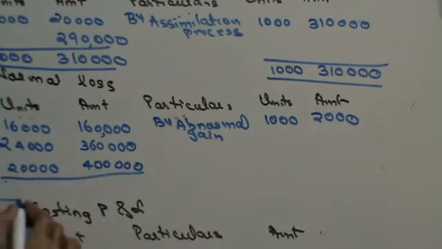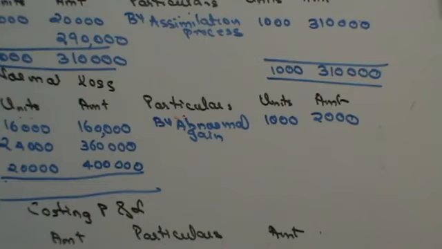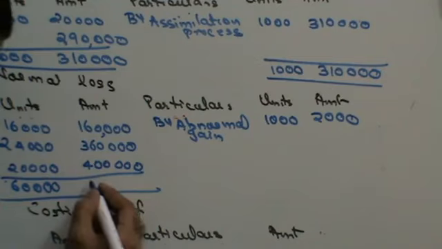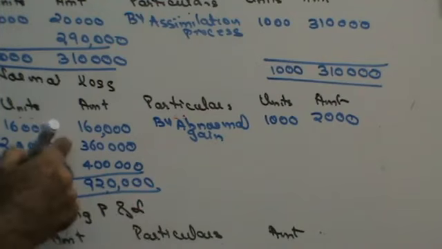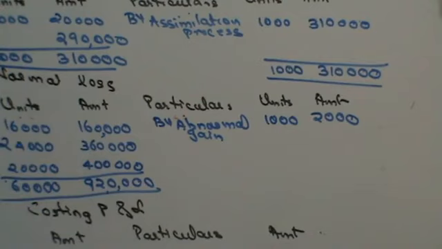Tally this account. So this is 24, 30, 40, 60, 60,000 units. And this is 4, 5, 6, 7, 8, 9 lakhs 20,000. 9 lakh 20,000.